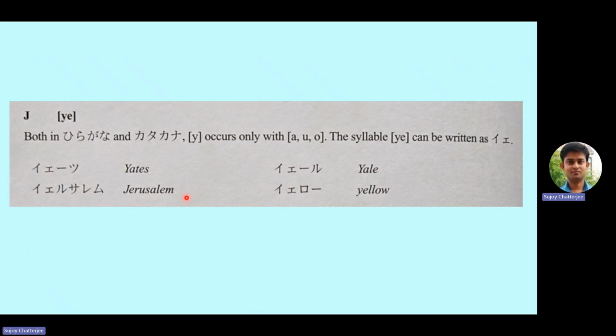Then we have Jerusalem as Yerusaremu. Yell becomes Yeru and yellow becomes Yero. So everywhere you see E followed by a small a to give the sound of ye, because there is no ye sound in Japanese, it's just ya, yu and yo.